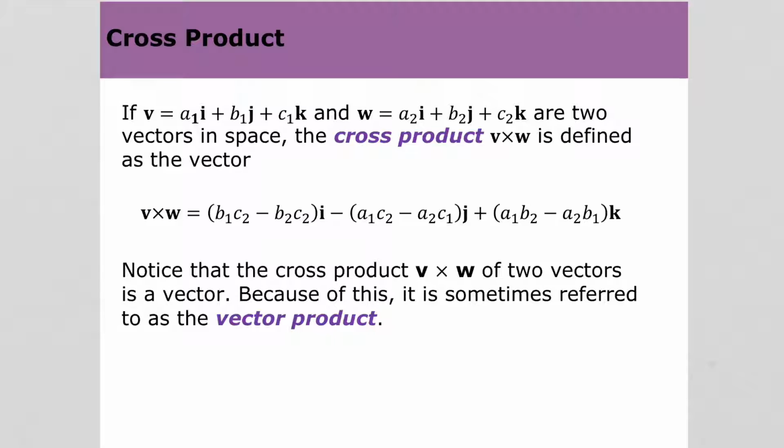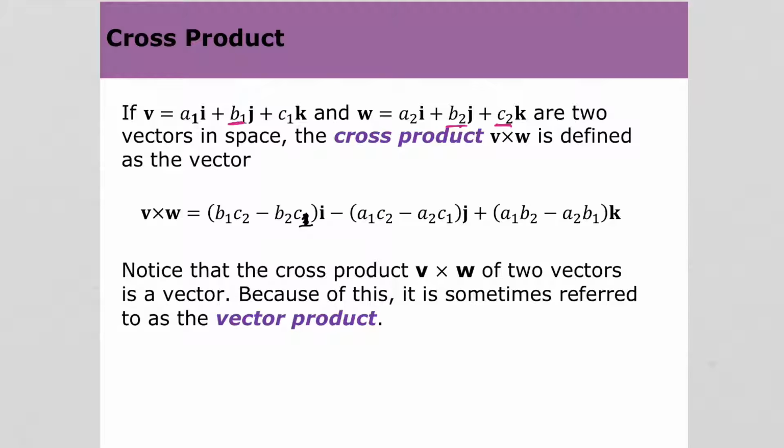Anyway, so cross product of V and W is B sub 1 times C sub 2 minus B sub 2 times C sub 2. No, it's not. That should be a 1. I'll make sure I change that on your notes.